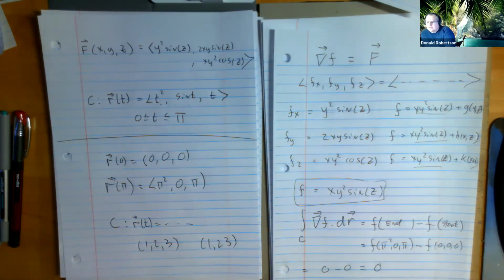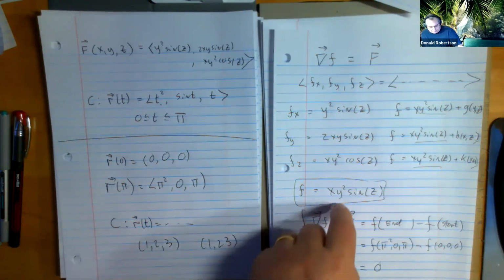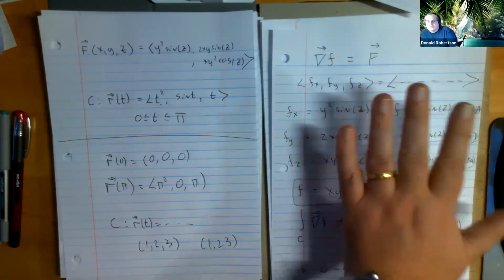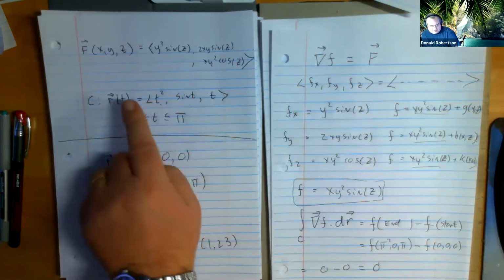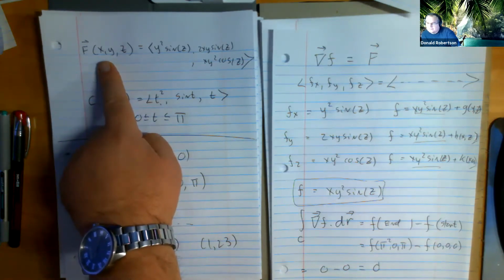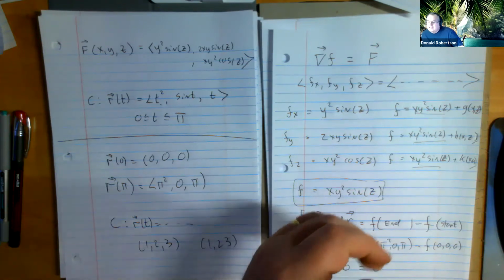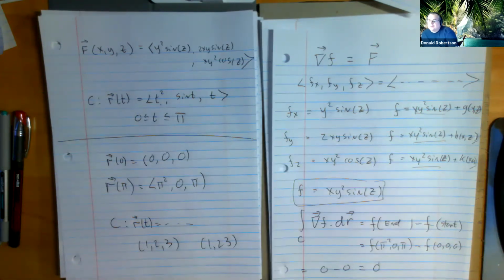You put that caveat in, because if it's not a conservative field, who knows what it could equal. In that case, you wouldn't be able to do a potential function. You'd have to do it parametrically. You wouldn't be able to use this technique, because this technique assumes that it is a conservative field. You might mathematically be able to figure out an f, but that f would not be usable in the context of the story.